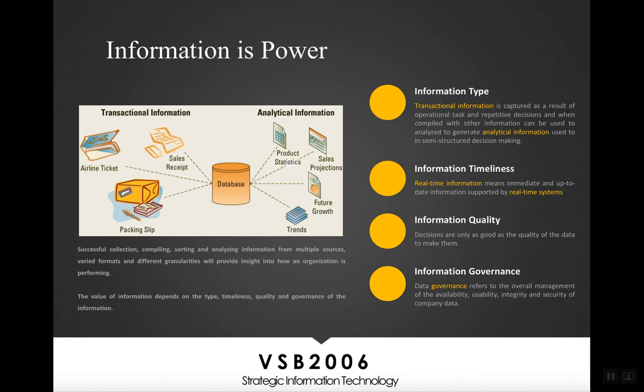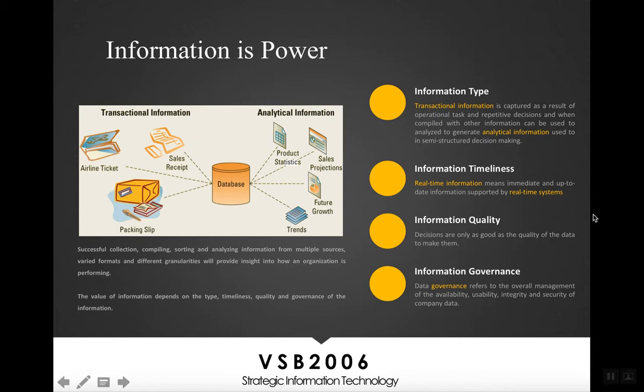You want to align the information timeliness with the needs of the business. Sometimes if information comes in too fast, the organization can't process it, which is almost as bad as not having good information, overwhelming people with the information.